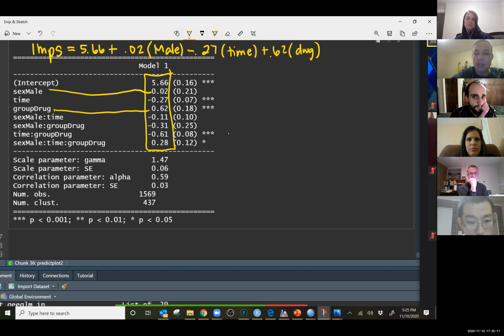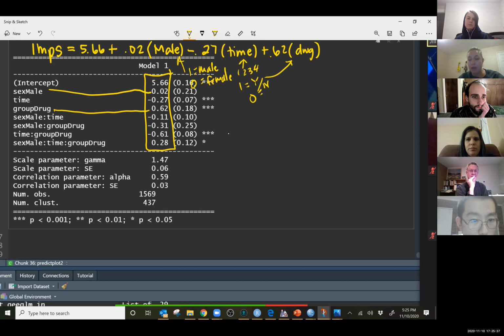And this drug is either 1 equals yes, 0 equals no. For male, you'd plug in a 1 if they're male and a 0 if they're female. And time goes 1, 2, 3, 4, right?